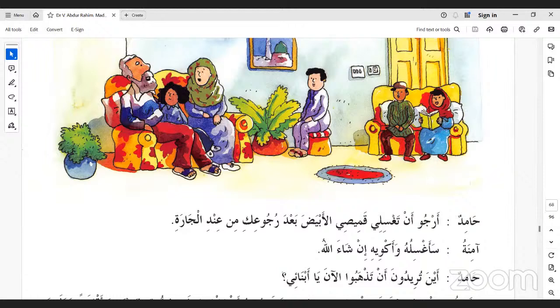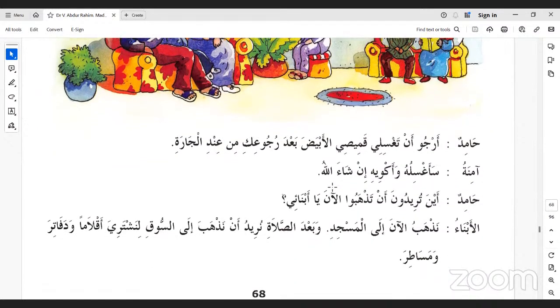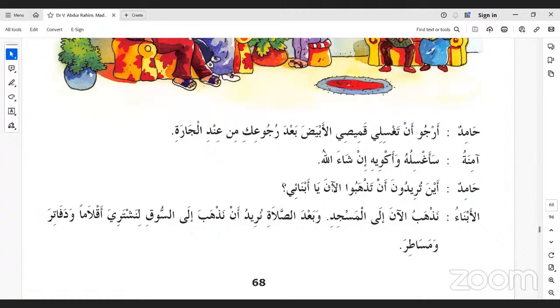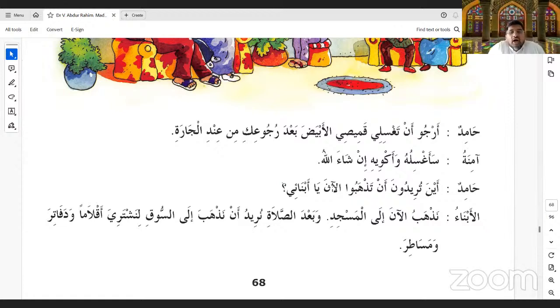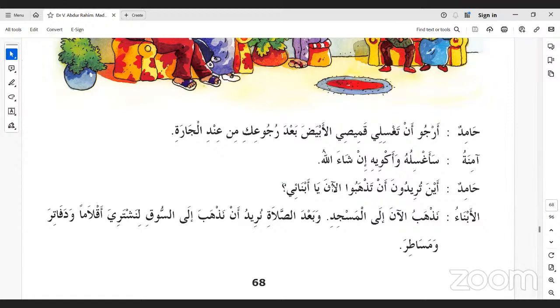Where do you want to go now, oh my sons? Go ahead, Sister Batul Nur Muhammad. Al-Abna: We go now to the mosque, and after the prayer we want to go to the market to buy pens and notebooks. Excellent.